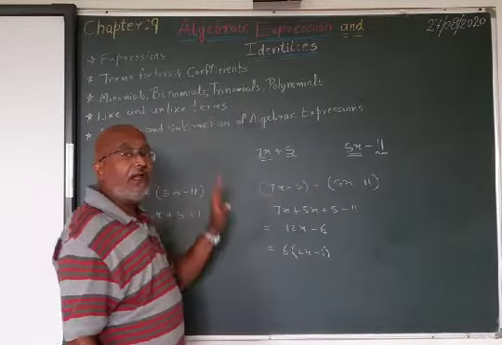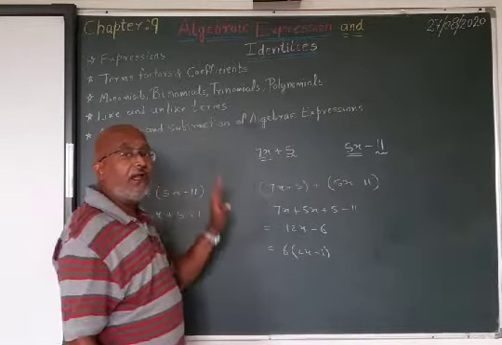Got it clear? So these are all the algebraic expressions, addition and subtraction. Remember that in the addition and subtraction of algebraic expressions, the importance is to trace out like and unlike terms, because addition can be done only in the like terms.